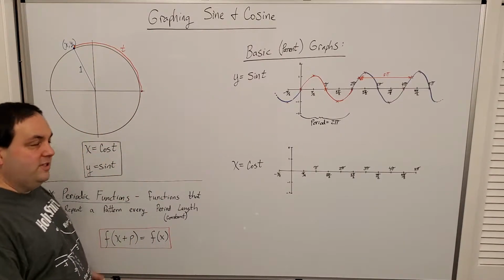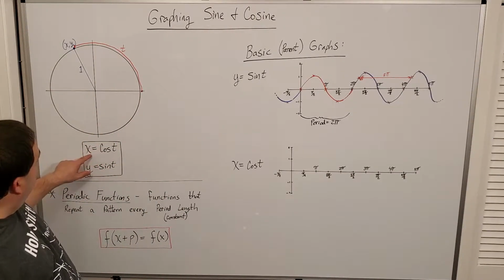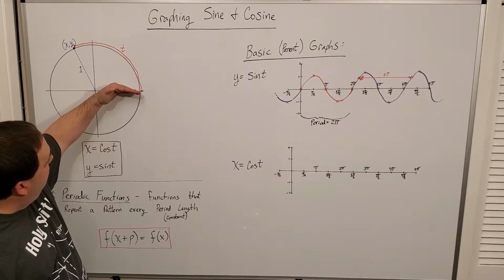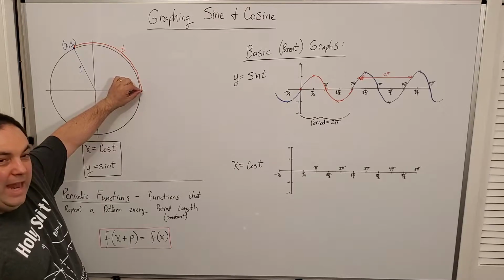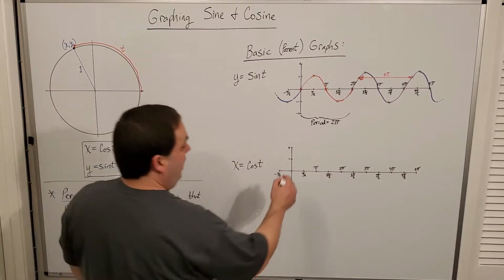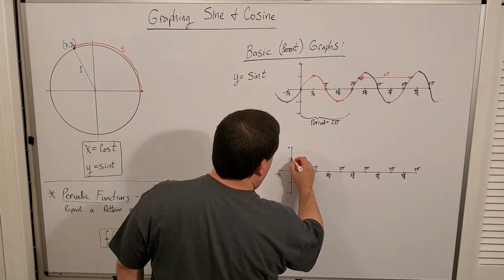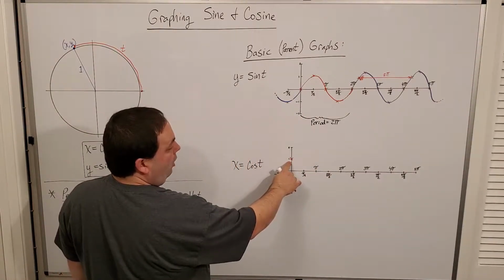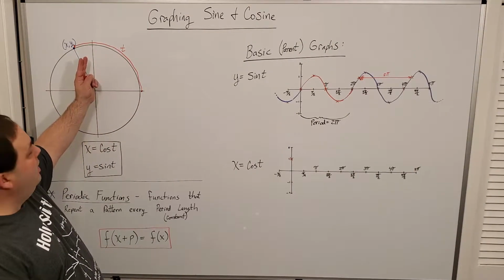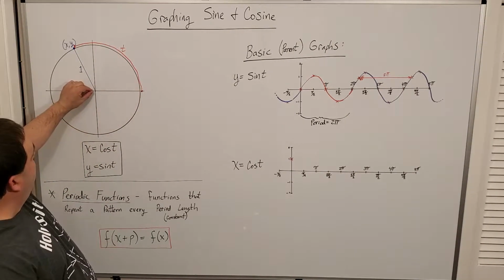The only difference is, notice for cosine being the x value, when I have 0 rotation and I'm right here, I start at an x value of 1. It's all the way over. So I actually start on the top of the peak here at 1. And then by the time I hit pi over 2, the 90 degrees, x has moved to the middle.